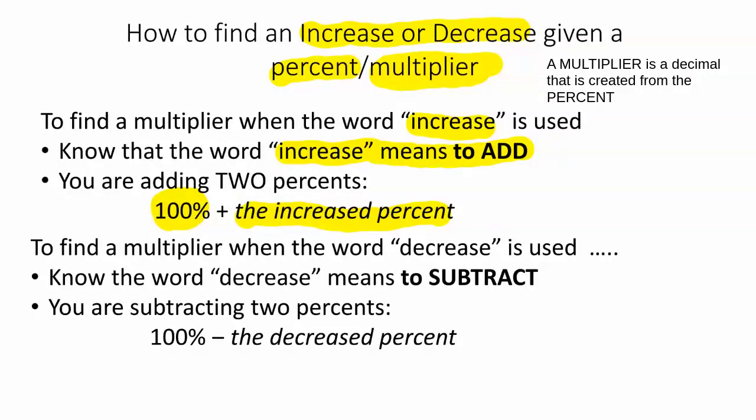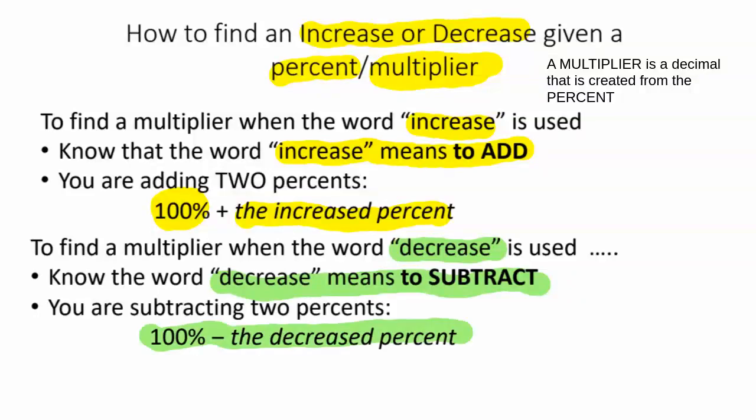We then have the word decrease. Decrease means to subtract. D, go down. To go down, we subtract. And then we take 100% and subtract the decrease.